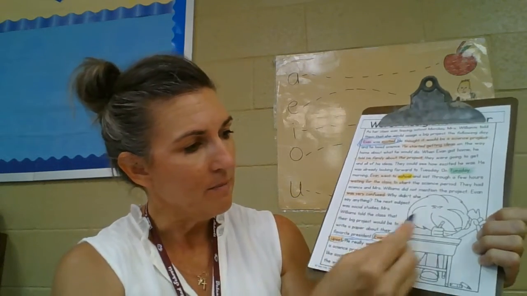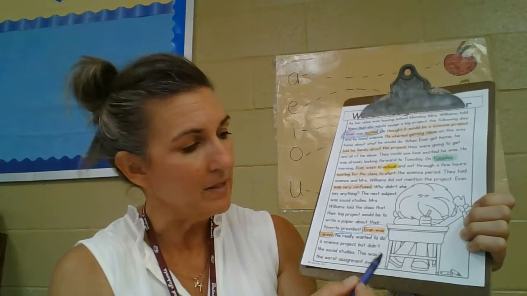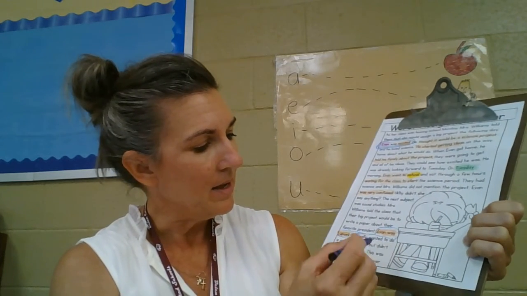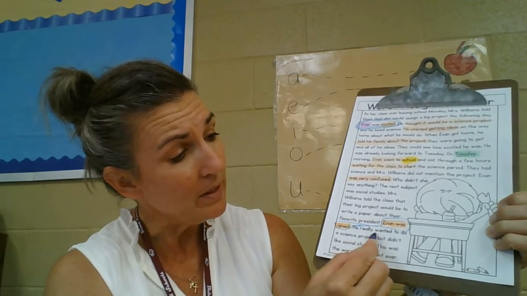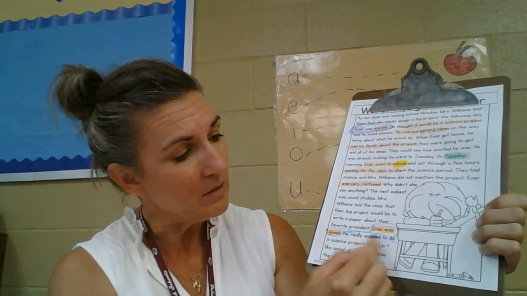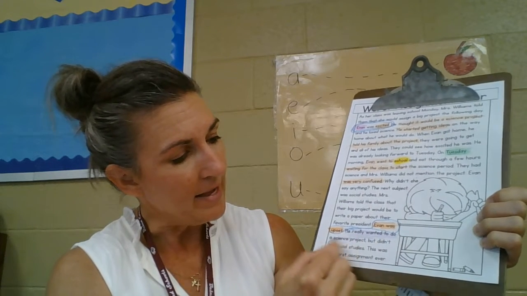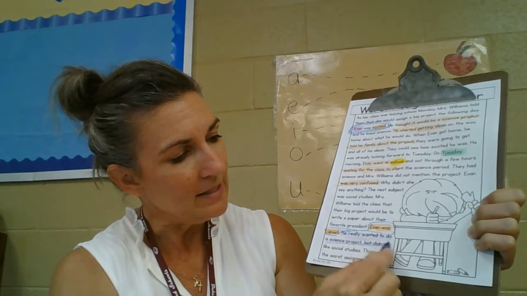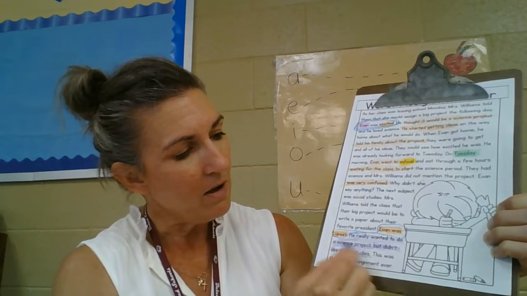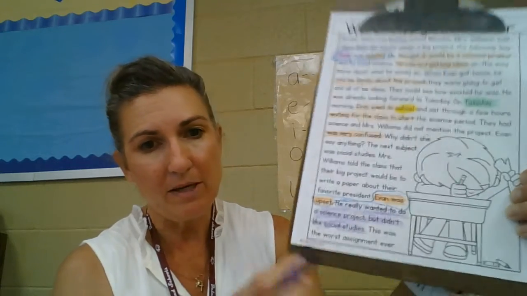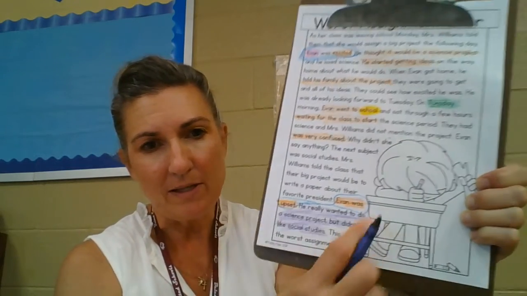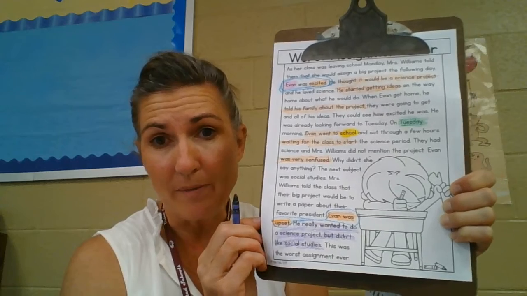Okay, so mine was, why is he sitting with his head down? And let's see, he was upset because he really wanted to do a science project. So I'm going to color that, but he didn't like social studies. So all of that tells me why he was upset, and that was the question I was wondering about.